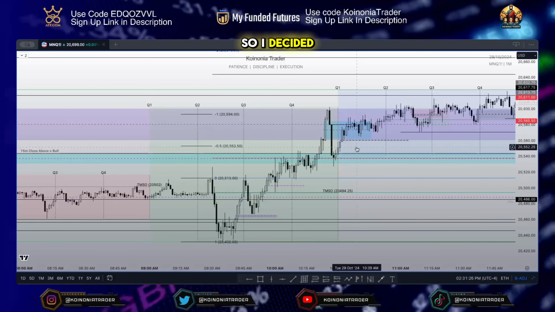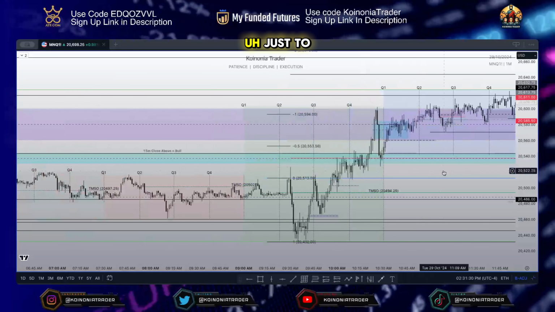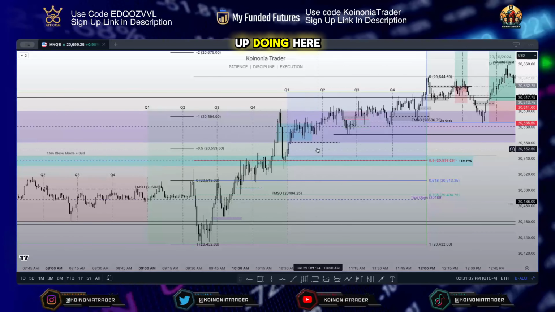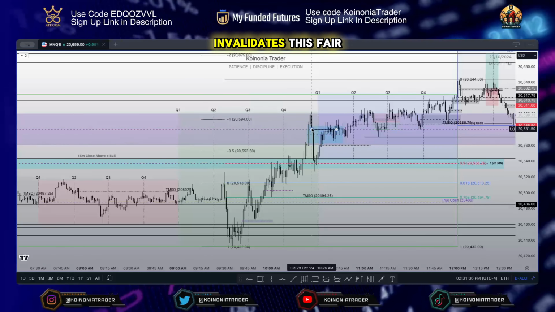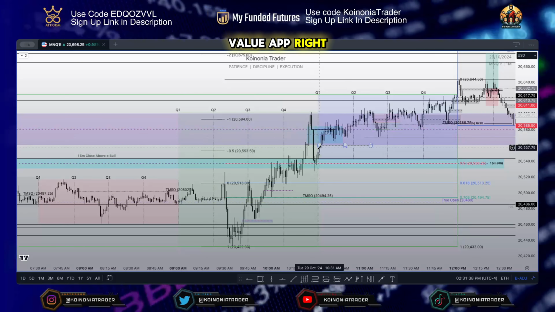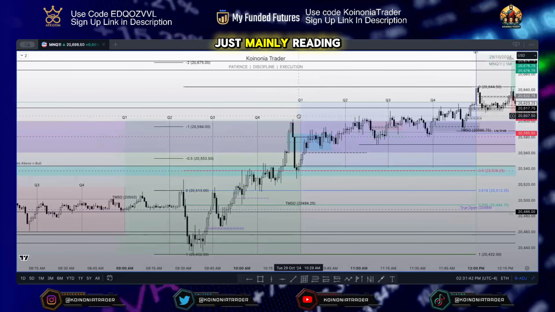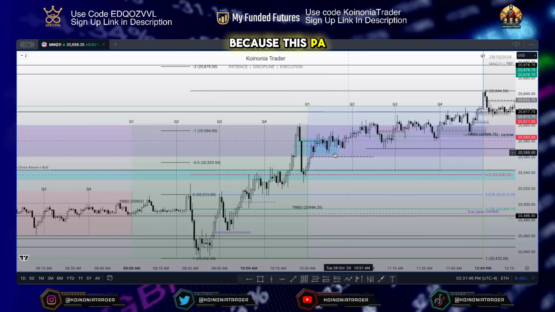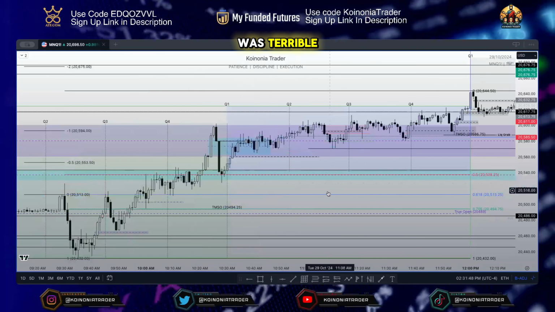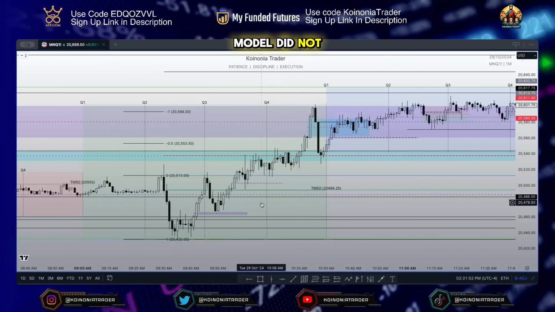So I decided I'm going to just wait a little bit longer just to see what price was going to end up doing here. So then price moves on up, invalidates this fair value gap right here. I wanted to see if we were going to hold this inversion. It's just mainly reading what price action was going to do, because this PA was terrible in the sense that my trading model did not show up, right?